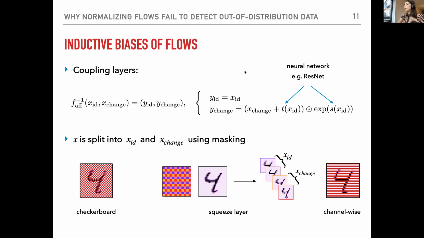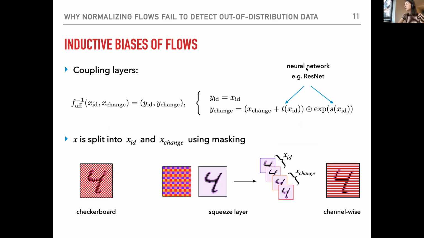In these invertible coupling layers, we have the neural network that predicts the scale and the shift for one half of the input. So we are copying one part of the input, and the other part we are transforming with an affine function where the scale and shift are predicted by a neural network using this x_id part.